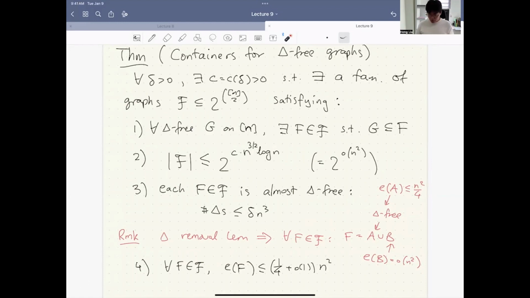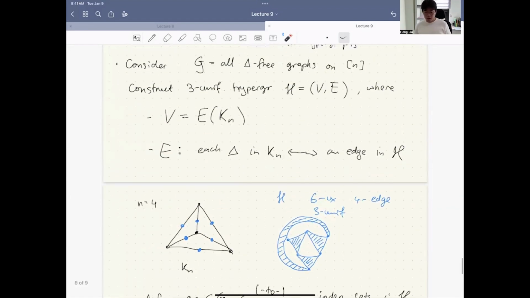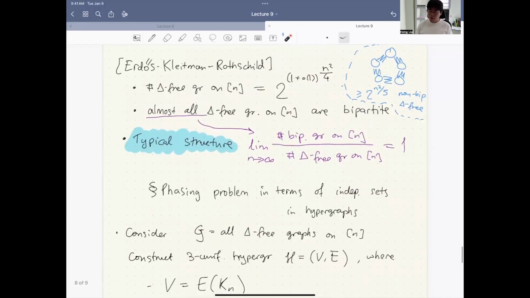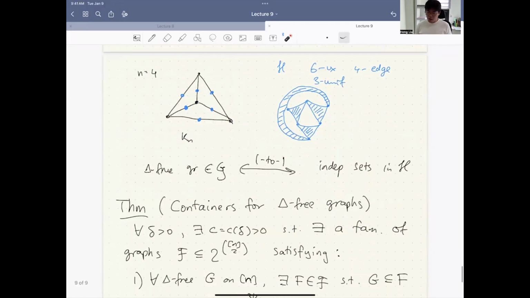Okay, now let me finish the Erdős, Kleitman and Rothschild theorem, at least this part of counting. Now the counting is easy.